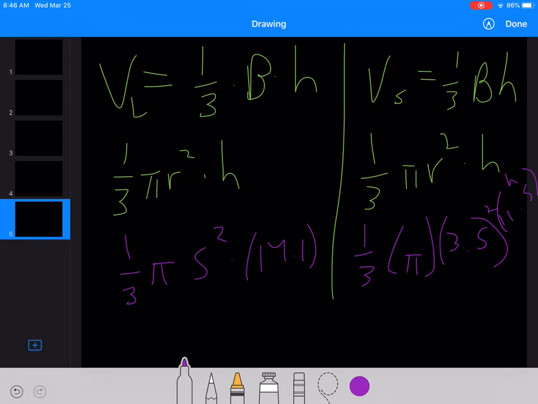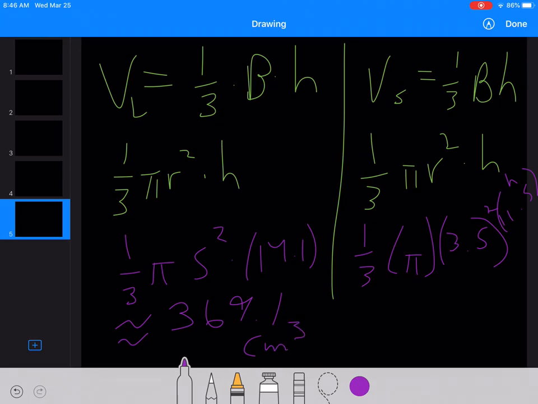All right. So when we punch those in our calculator, what we'll get is the volume of the large cup is approximately 369.1. And now we'll go back to our units. It's cubic centimeters.